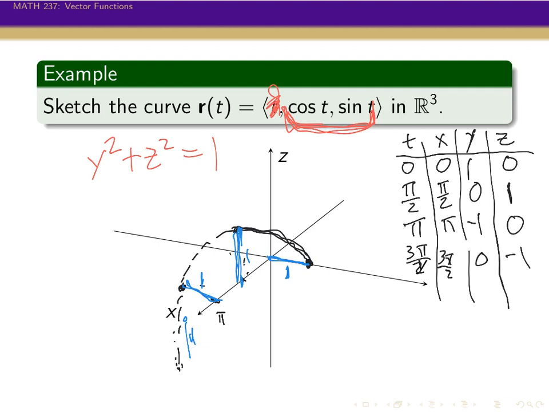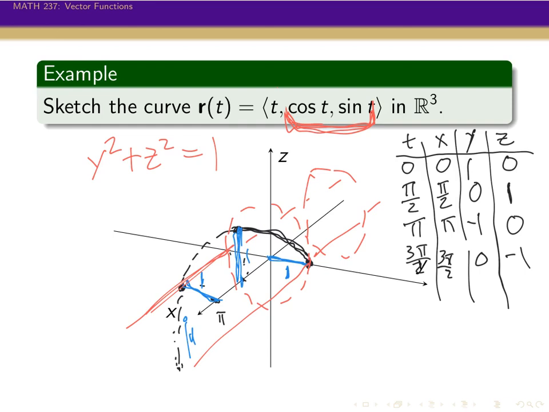Ignoring the x-coordinate, y squared plus z squared equals 1 is drawing out a cylinder of radius 1. Then when we bring the x-coordinate back in, it's just saying to pick one point. Rather than drawing out the whole curve, it's only picking out one point for each x value. And that's how it's drawing that curve spiraling around.